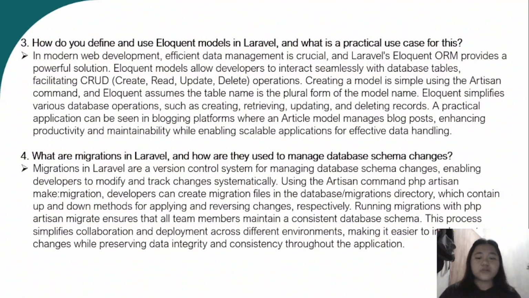Developers can create migration files in the database/migrations directory, which contain up and down methods for applying and reversing changes respectively. Running migrations with php artisan migrate ensures that all team members maintain a consistent database schema. This process simplifies collaboration and deployment across different environments, making it easier to implement changes while preserving data integrity and consistency throughout the application.